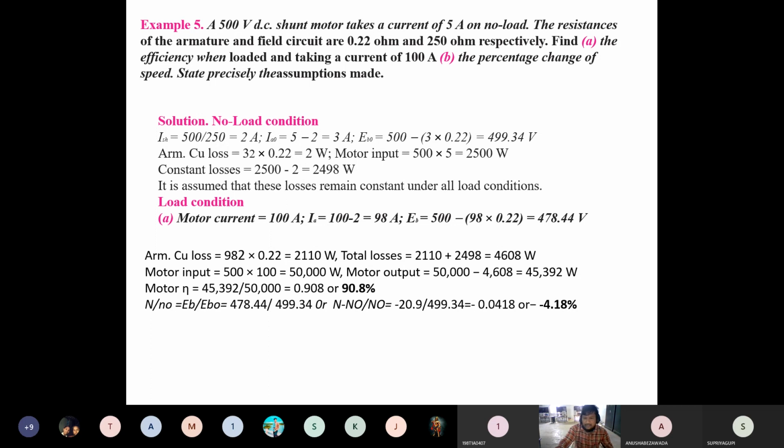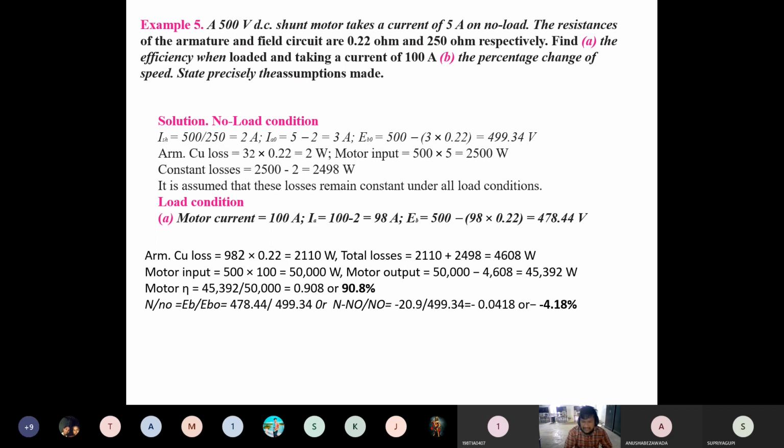So in this manner, you have to determine the efficiency and also the percentage change in speed. Sometimes they are asking for percentage back EMF, or percentage change in torque, whatever it may be, change in torque or change in speed. So N minus N naught by N naught, otherwise T minus T naught by T naught, right?